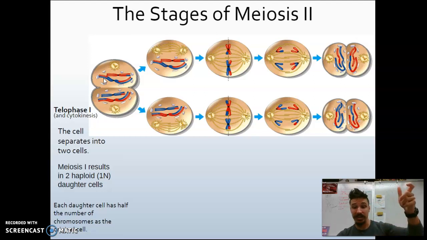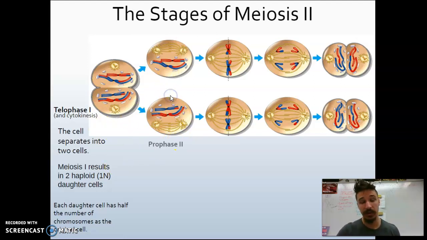Now, we went from 46 chromosomes, 92 chromatids, to now we have 46 chromatids in each cell. But remember, we need to get down to 23 chromatids per cell. And that's what this meiosis 2 is going to do for us.